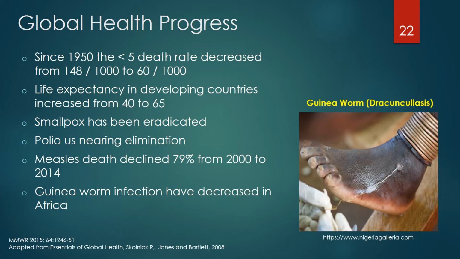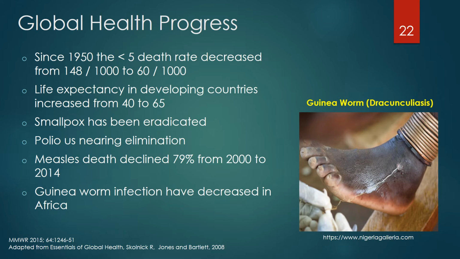The average life expectancy in developing countries has increased from 40 to 65 years. As previously mentioned, smallpox has been eradicated, and polio is nearing elimination. As of 2020, Afghanistan and Pakistan are the only countries in the world currently reporting polio disease.